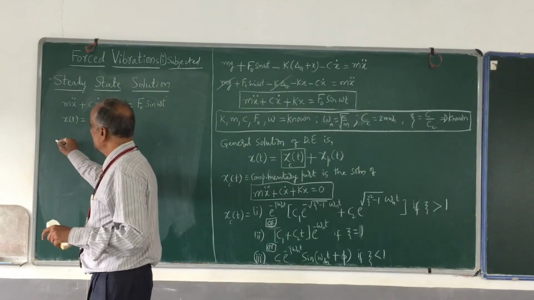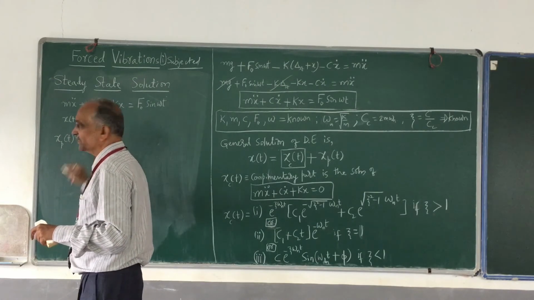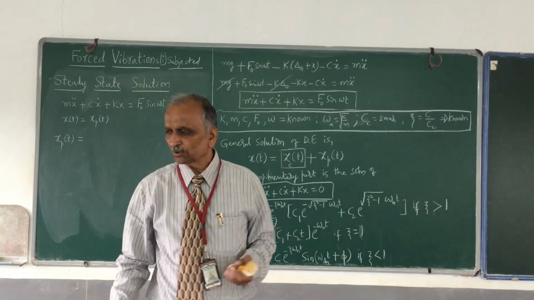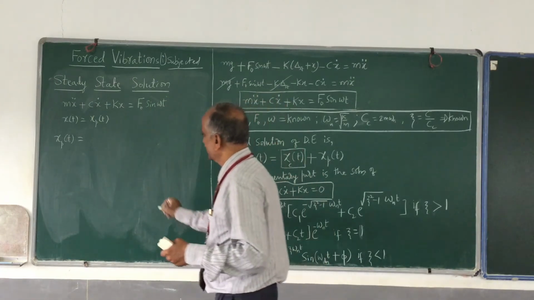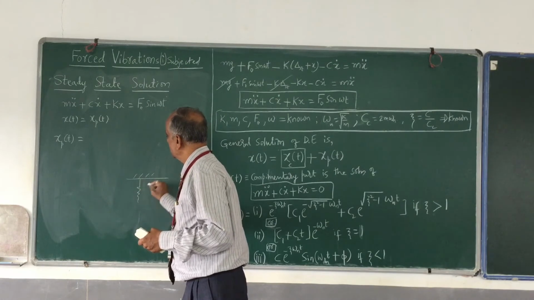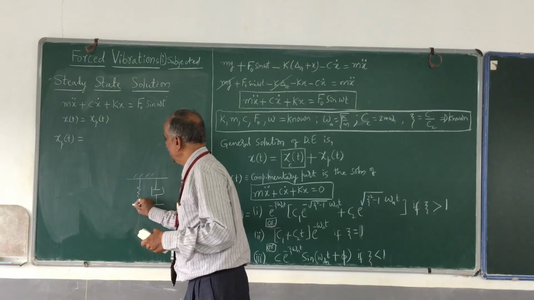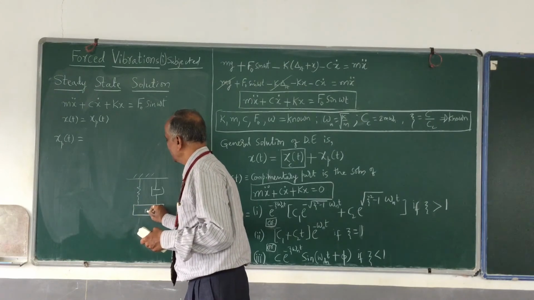So the best thing is, what is xp of t? So what should I assume? Okay, so now I shall go back to the diagram I had. So this is the system. What is xp? xp is basically the displacement of the mass.